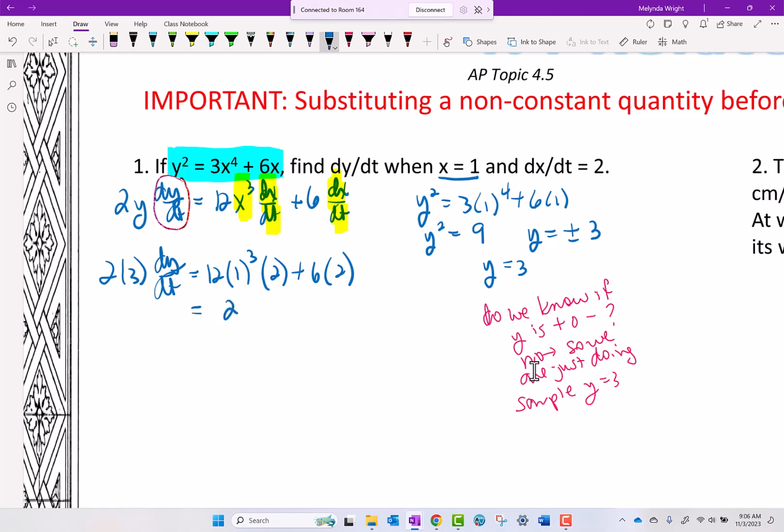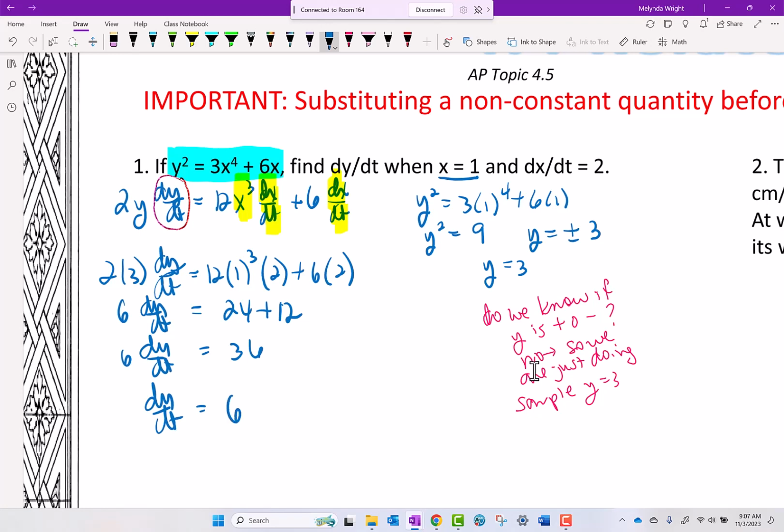Of course, you know I'm not that great with arithmetic, so I'm going to write that down so I don't mess up. 24 plus 12 is 36. So 6 dy/dt equals 36.